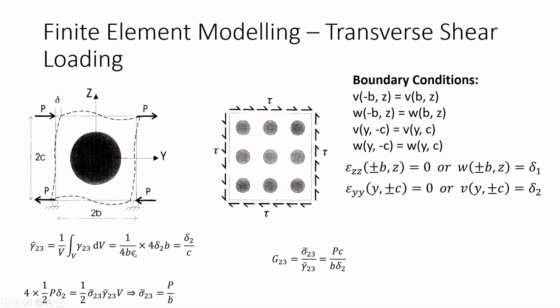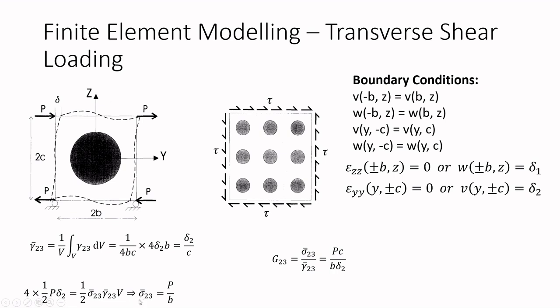The x direction is taken as unit, and integrated over a closed boundary like this, this turns out to be delta B, delta B, delta B, delta B. This will be 4 delta B. So gamma 23 is equal to delta 2 by C, and we can equate the work done, 4 into 1 by 2 of B into delta, to the total strain energy stored in the material.